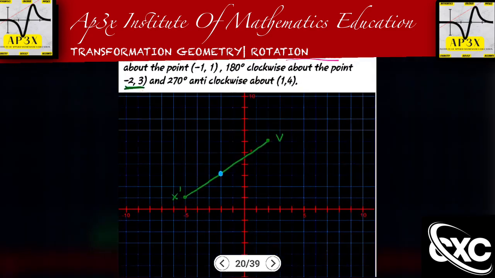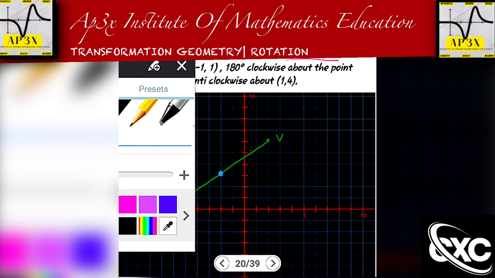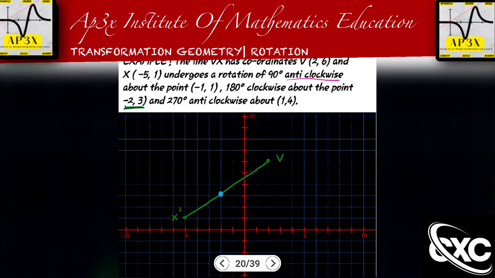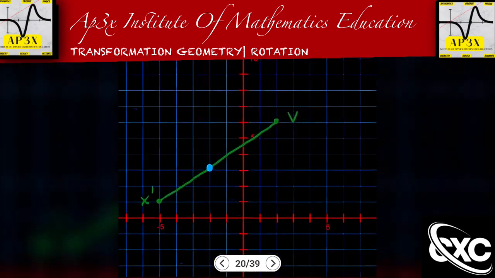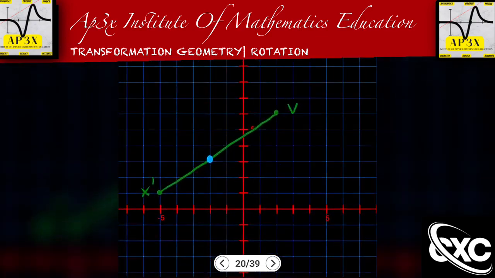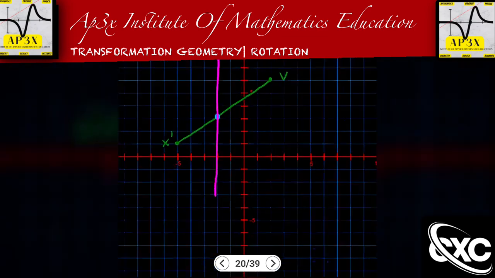I'm then going to draw 2 new axes. So I'm going to go ahead and use my pink line once again. And I'm going to rotate it here, say, okay. So I'm going to go ahead and draw a line coming down like that. That represents my new y-axis.